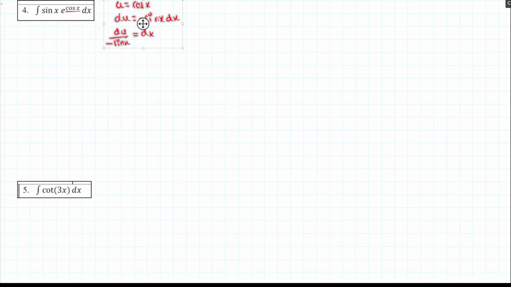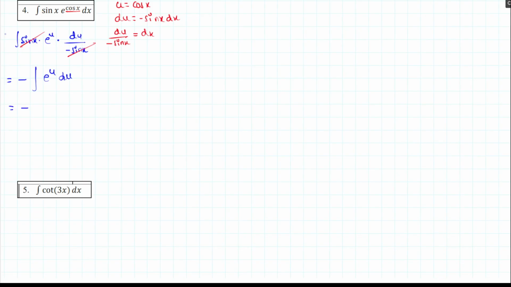Now rewrite this integral. Integral sin x times e power cos x is e power u, and dx equal to du over negative sin x. Now you can see the sin x gets cancelled, and we have the negative here, so factor out the negative, integral e power u du.